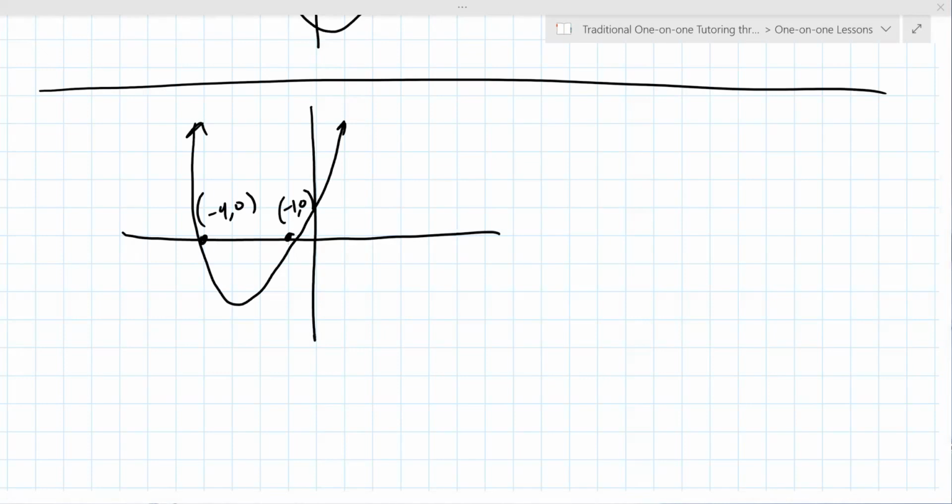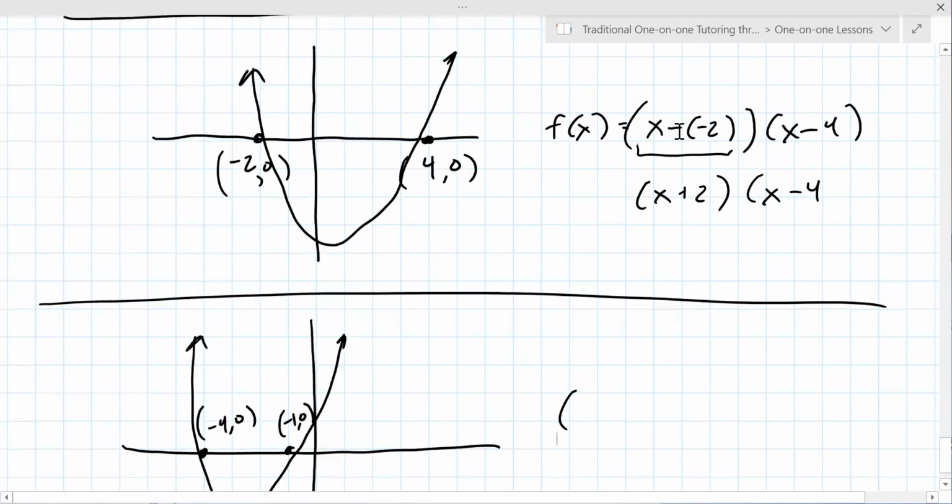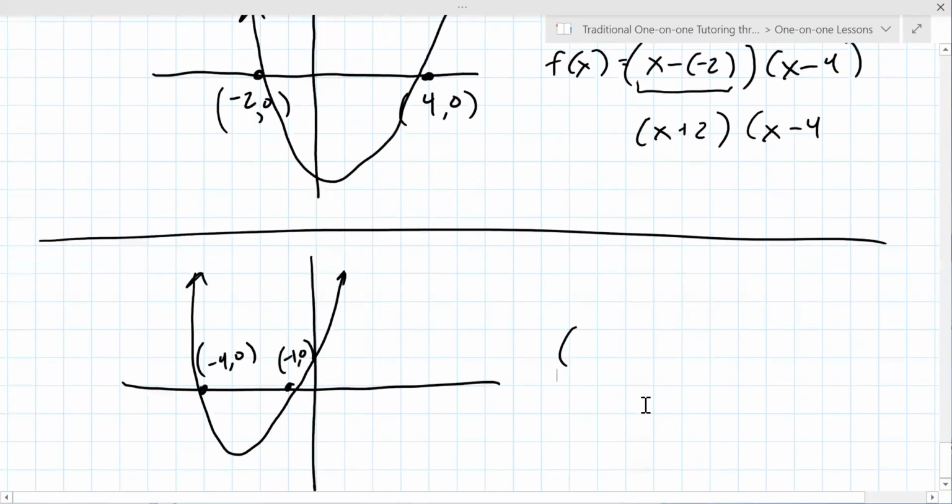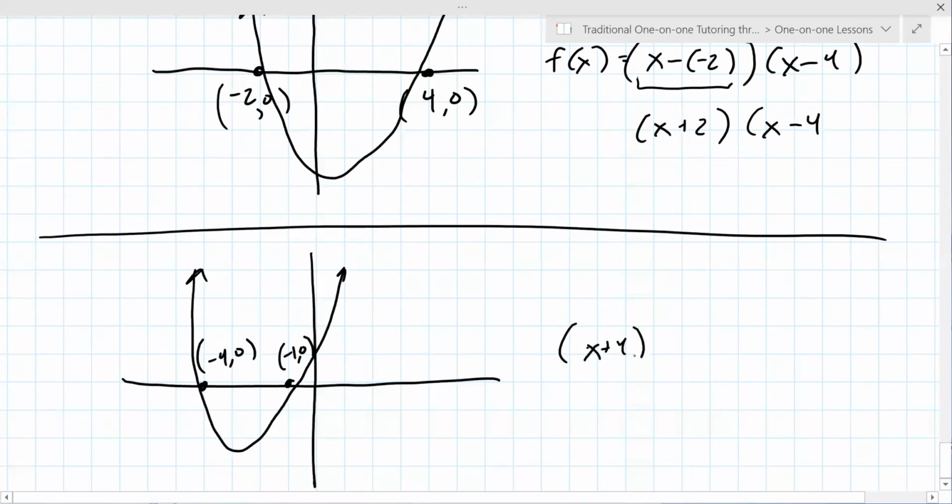All right. X minus 4, X minus 1. Okay, but just like in the previous problem, you're subtracting a negative. X plus 4, X plus 1. Yes, perfect. Excellent.